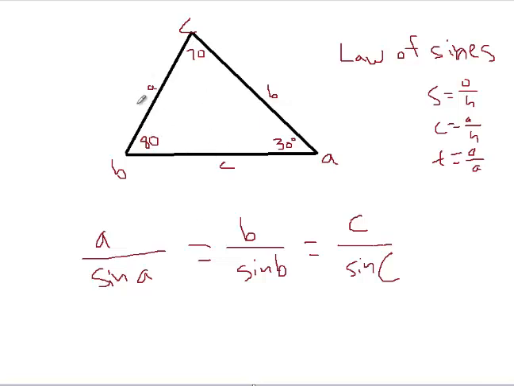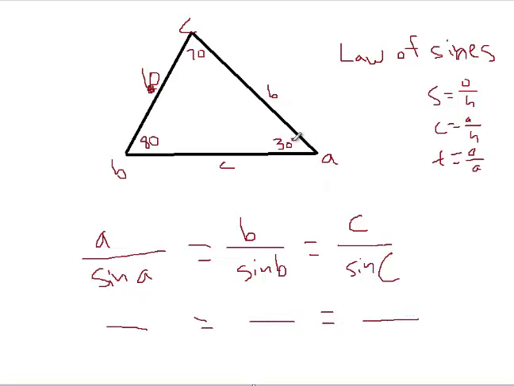Now let's say side A is 10 units, and we're trying to find out what sides B and C are. The first thing we need to do is get the sines of all three angles. Let's use this as the relationship and use three fractions.